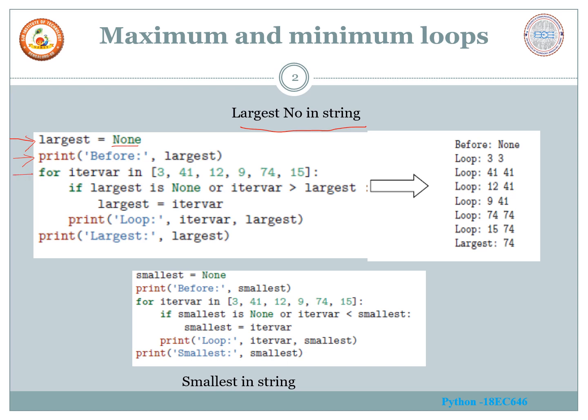Now once I start up the loop for the iter variable in the given list of values, we are trying to find which is the largest value. If the largest value is None or the iter value is greater than largest, that means we are checking for two conditions here, whether it should be equal to None or the value in the given list should be greater than the largest.